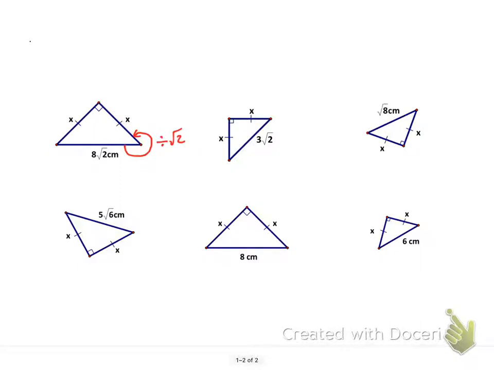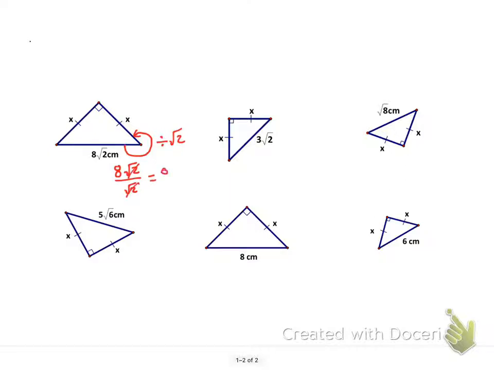If you have the hypotenuse, you have to divide by square root of 2 to get the side length. And that makes sense. Just think about the fact the hypotenuse is longer, so we're going to divide in order to get that smaller amount. Okay, so divide by square root of 2, and it's important to remember it's division because this is going to work out very nicely. 8 square root of 2 divided by square root of 2, what happens here? Yeah, they cancel out.